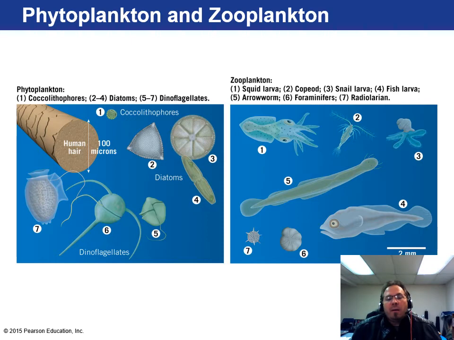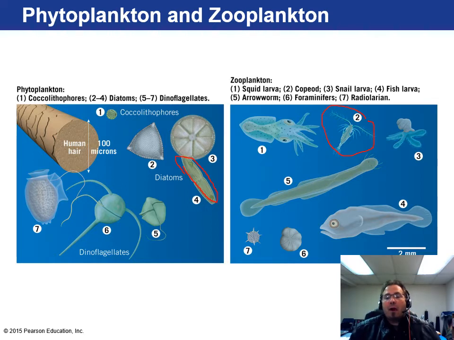So here's a look at some of the phytoplankton, things like diatoms, which are these sort of elongated things here. These are just the tiny itty bitty base of the food chain, so to speak, that live in the upper parts of the ocean. And then you get into the zooplankton, things like squid larvae and copepods, and copepods are kind of like these little mini shrimp looking things here, and snail larvae, fish larvae, worms, radiolarians.